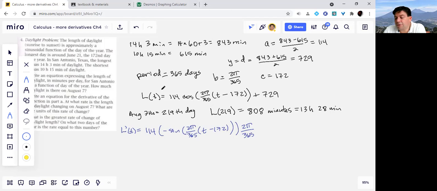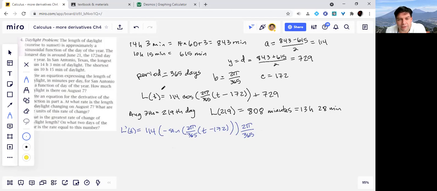Okay, I'll put this one with the negative together. So that's 114 times 2 divided by 365 times pi.